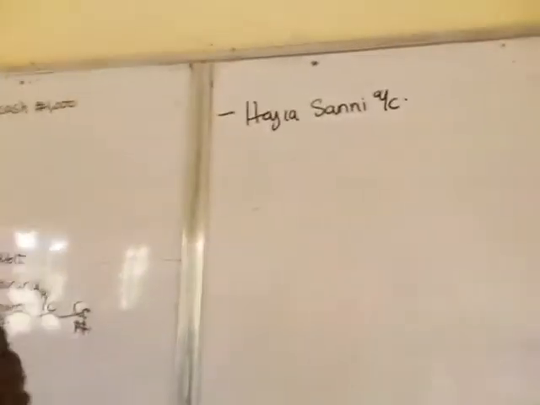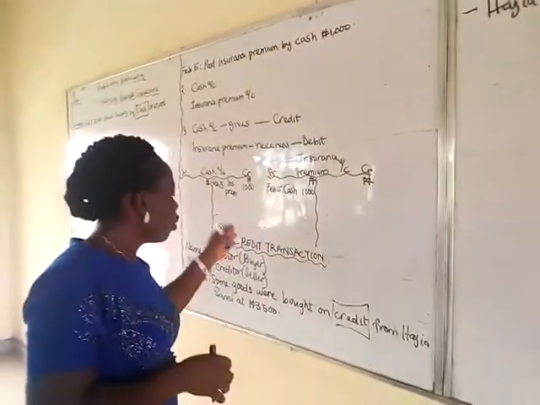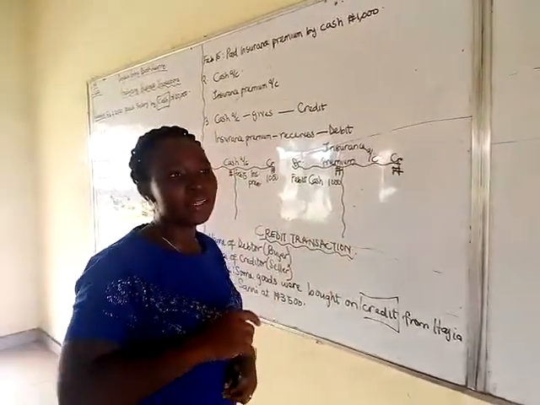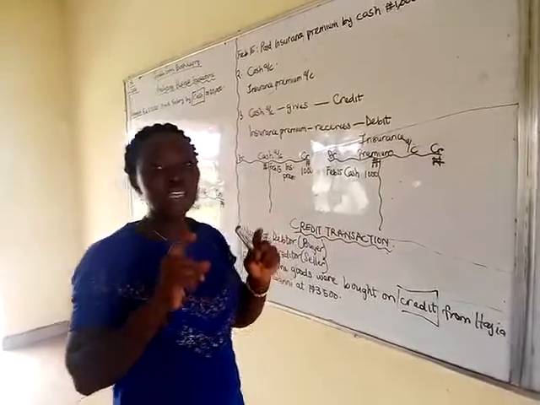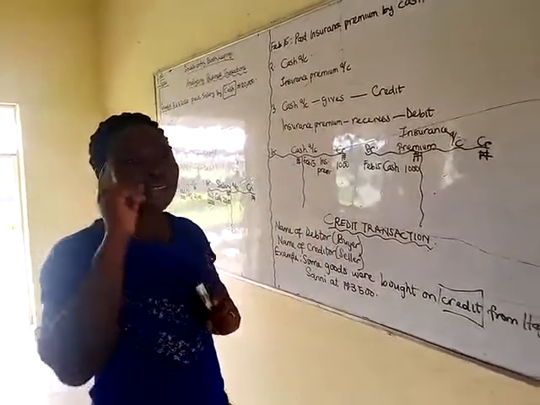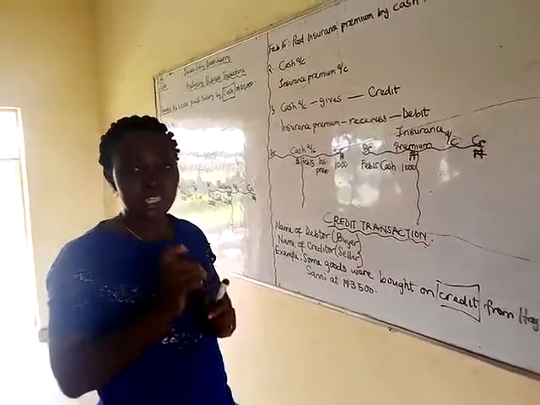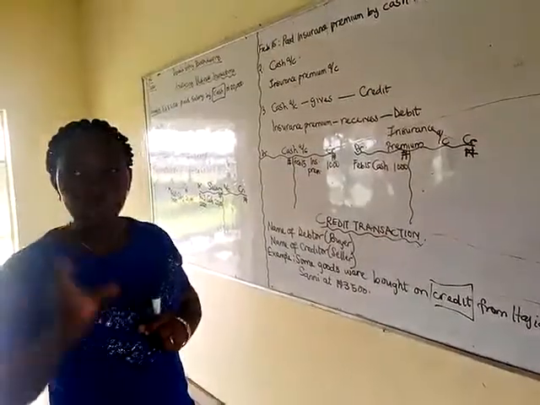And then the second account is what was bought. In this case, goods were bought. Goods bought in accounting is referred to as purchases. Goods sold in accounting is referred to as sales. My dear students, you can only use sales or purchases when the question states that you are dealing with goods.